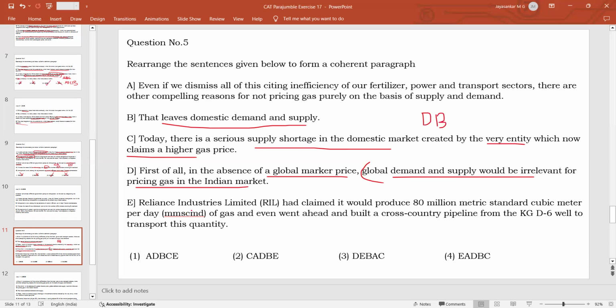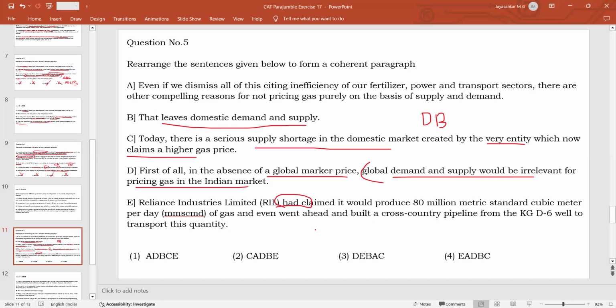So then we talk about that particular company. Reliance Industries Limited had claimed, meaning they had claimed, this word had is very important. They had claimed that they would produce 80 million standard cubic meters of gas per day, even when they had built a cross-country pipeline.